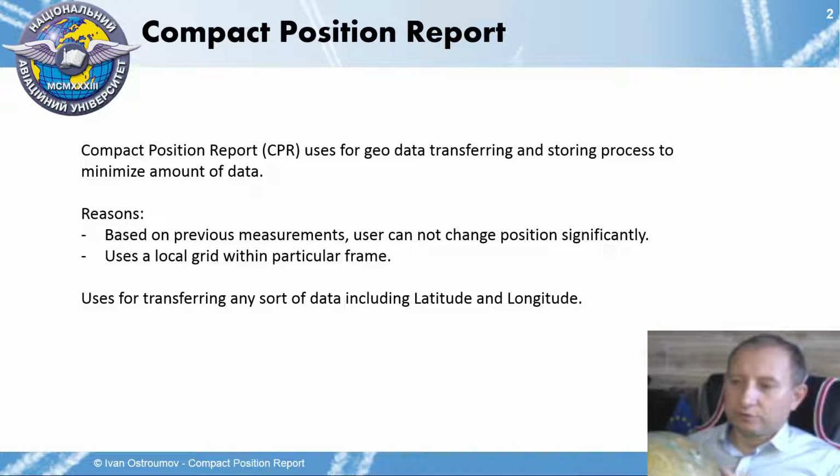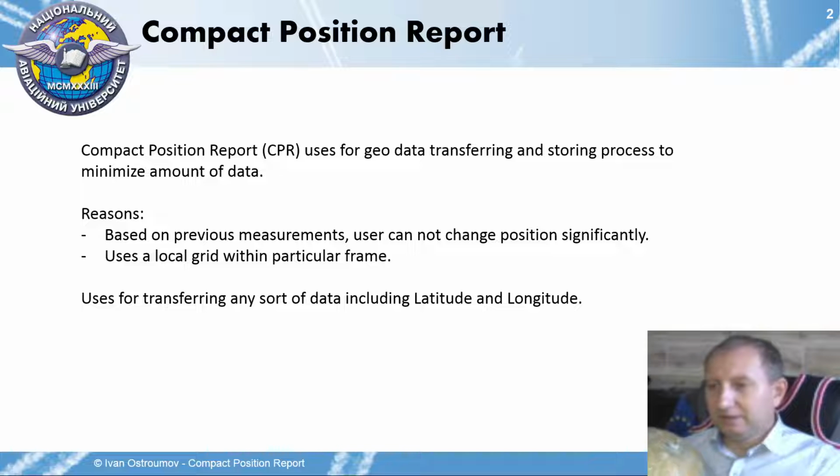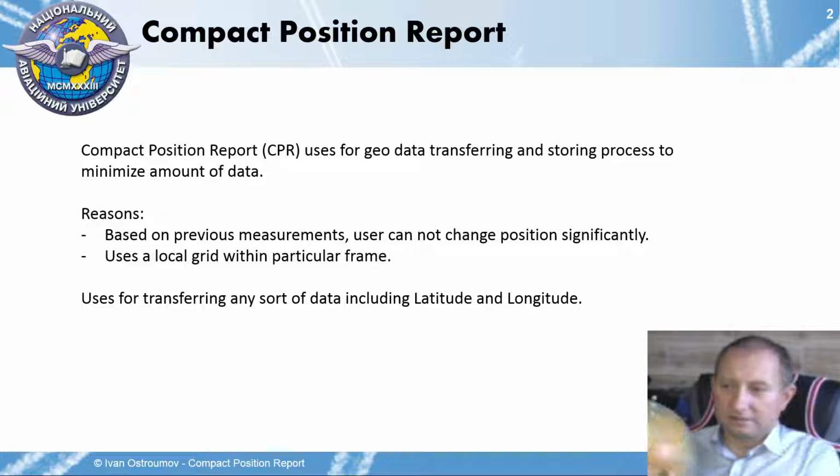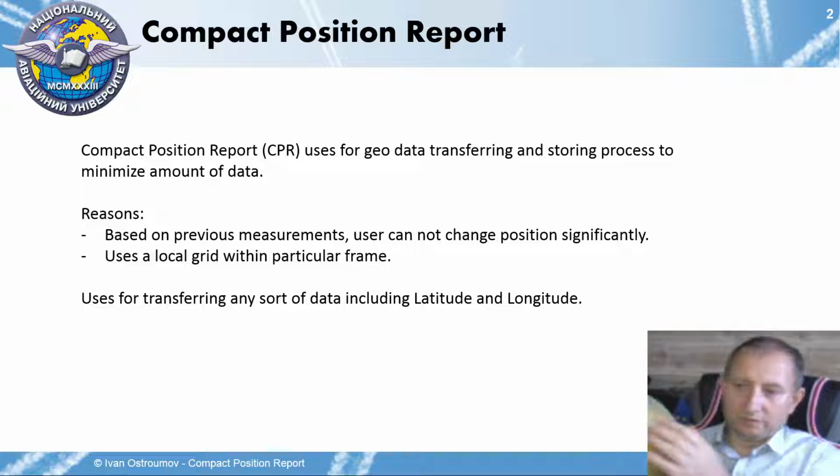That's why there is no reason to use global scale of latitude and longitude for tracking of one object or one vehicle in the space. Because usually trajectory of a vehicle is sequential and will jump from one point to another, which is located within the small vicinity. Of course, if you talk about global scale of our globe, of our Earth.